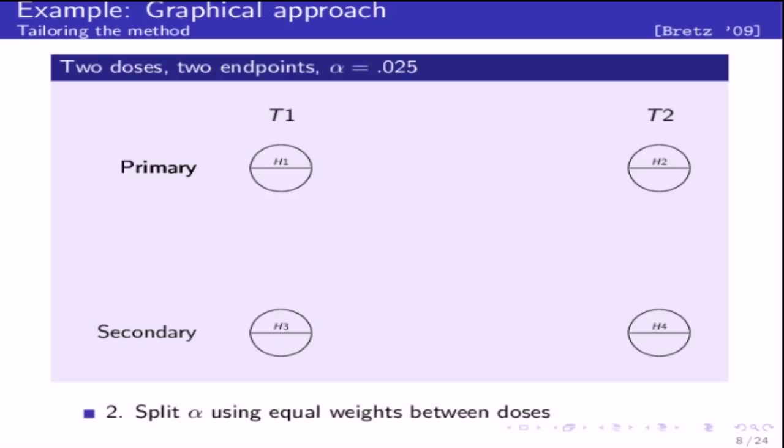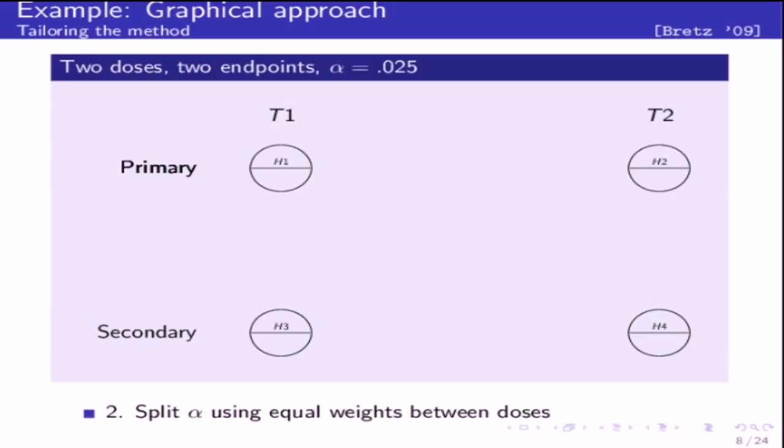Now, in the rows you can see we have the primary and the secondary endpoint, and we have one column for treatment 1 and one for treatment 2, and now each node corresponds to a specific null hypothesis. So H1 is the primary endpoint for the low dose T1, H3 is the null hypothesis for the secondary endpoint for the lower dose, and so on.